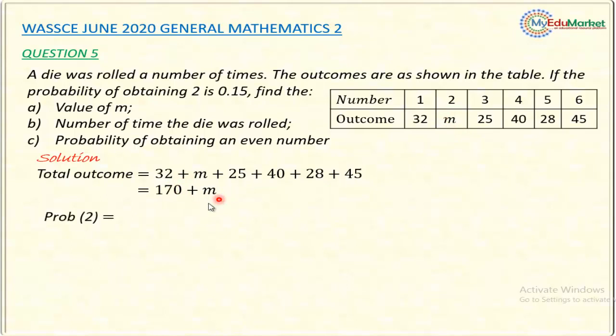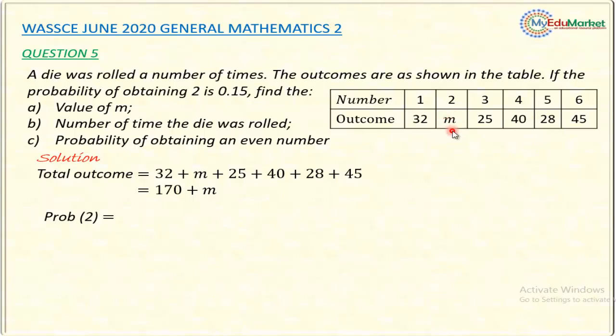So to get that probability P of 2, we said probability is required outcome over total outcome. The required outcome in this case is the number of times 2 was obtained, or displayed. It was displayed M number of times.